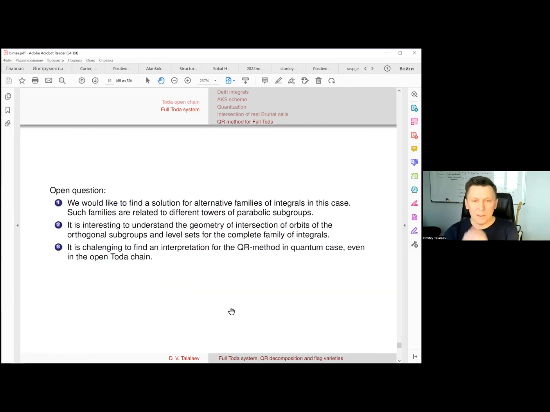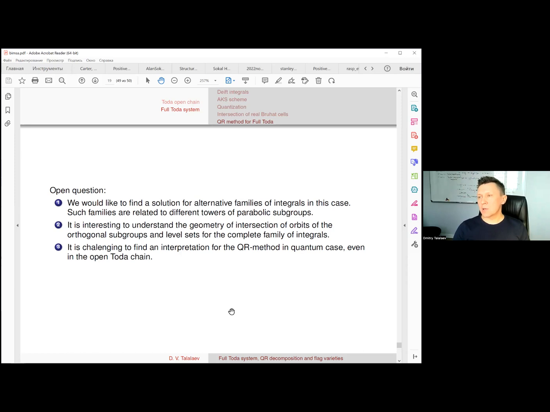And I'd like to propose some open questions. So the symmetric full Toda system is superintegrable. It means that there is a bigger family of integrals, apart from isospectral Hamiltonian flows.